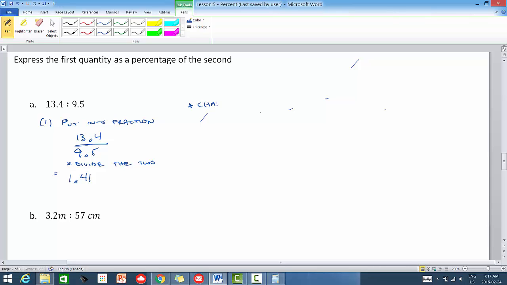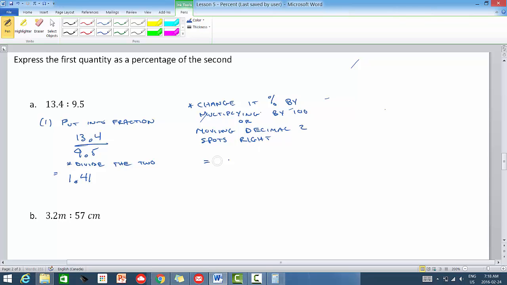And so what we have to do to change this to a percentage, we multiply by 100. So change to percentage by multiplying by 100, or moving the decimal 2 spots to the right.